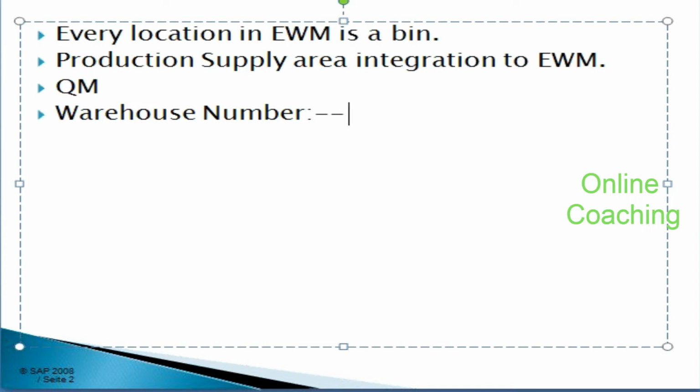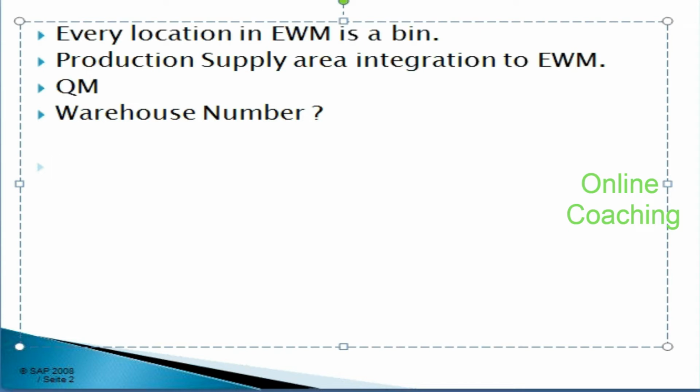Some of you might have already worked in WM, right? What exactly is the warehouse number, and what is the difference between a plant or plant storage location versus putting something inside a warehouse number? These questions are very basic and everybody should be able to answer them. Then only can we decide how EWM works.